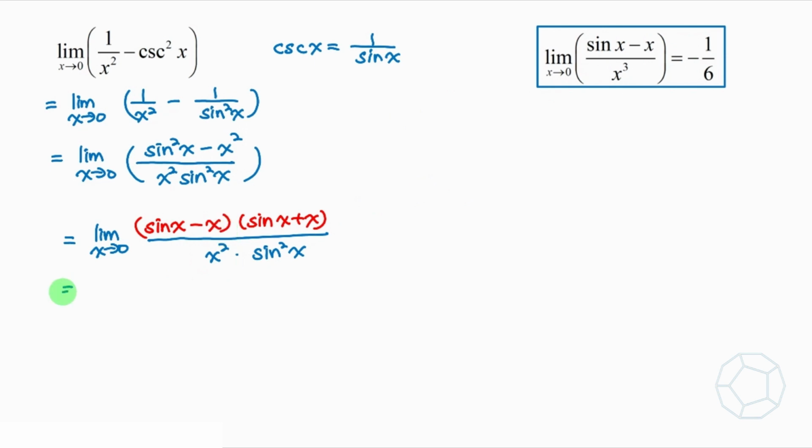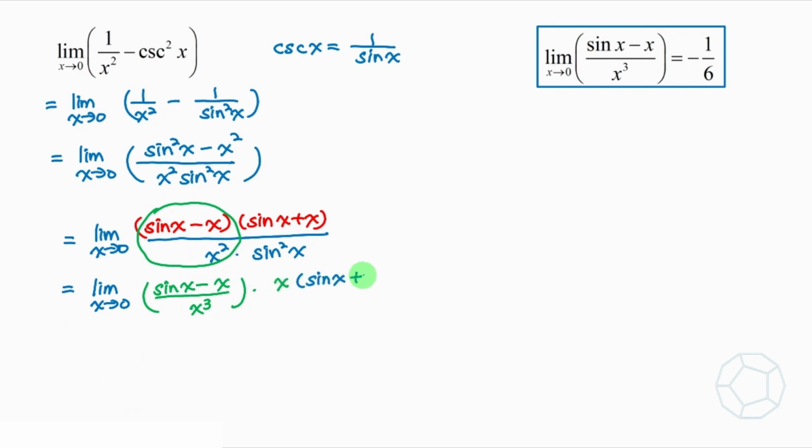In other words, it is equal to limit x tends to 0, sine x minus x over x cubed times x times sine x plus x over sine squared x. Now, separate the sine squared x term into two. We write it in this way.